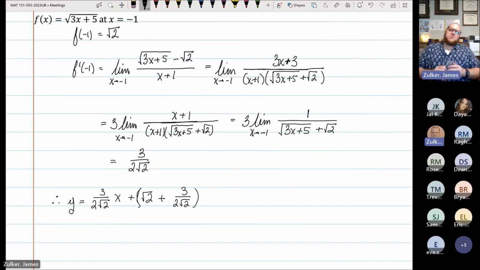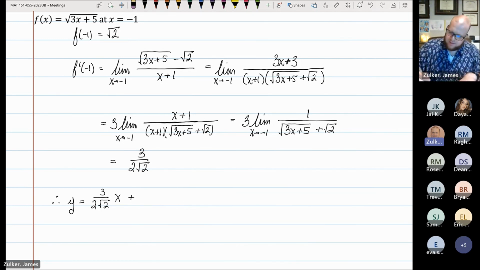If we multiply the first term by 2 root 2, we're going to get 4. And then add 3. Seven over 2 root 2.